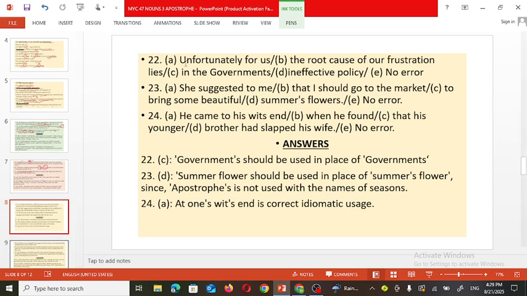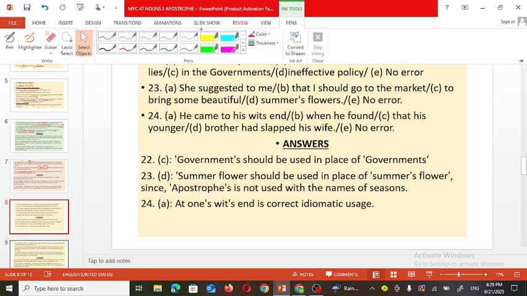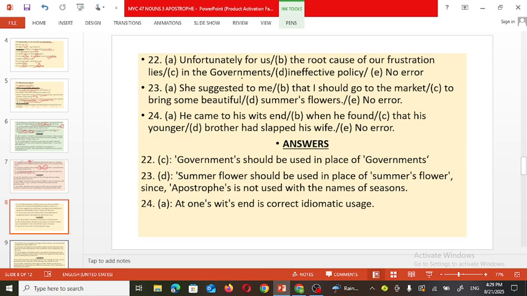Next one. Unfortunately for us, the root cause of our frustration lies in the government's ineffective policy.